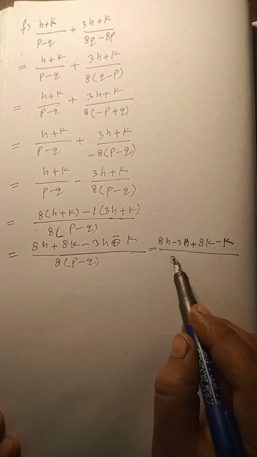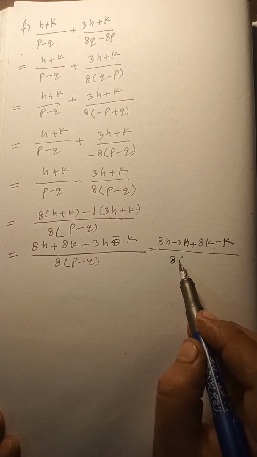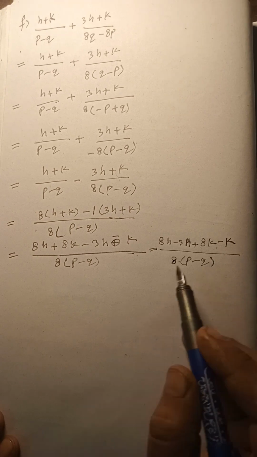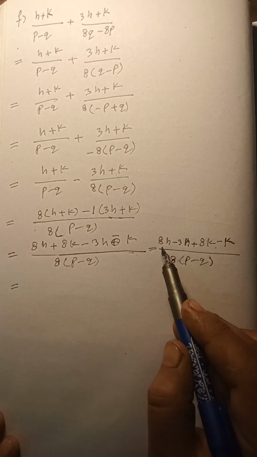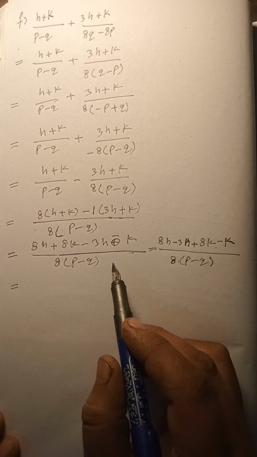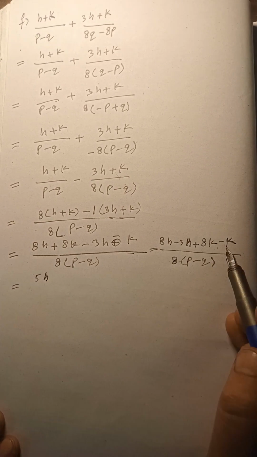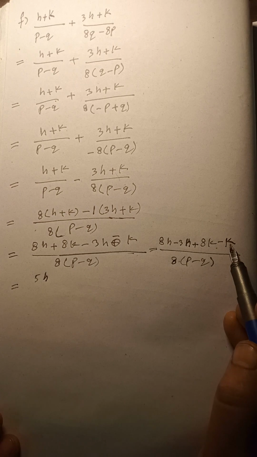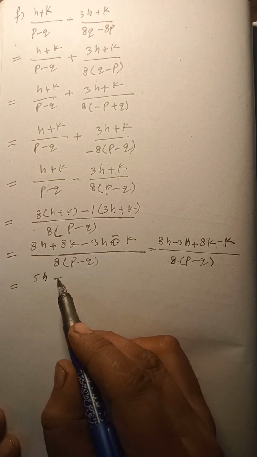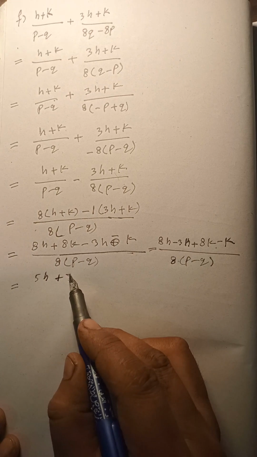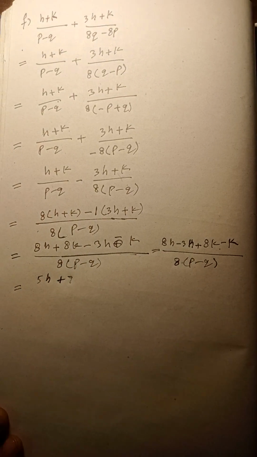In the denominator it will remain same, and here from 8 you can remove 3, answer is 5h, and from 8 you can remove 1, answer is plus 7k.